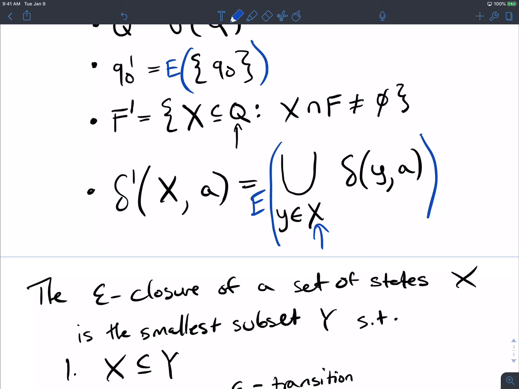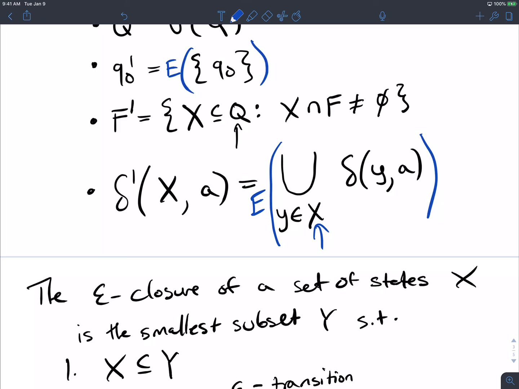I guess you could do it, but there's no real purpose because once we go to that state, we've already applied epsilon closure to get there anyway. In the previous transition, or at the start, we applied epsilon closure to begin with. So applying it again won't do anything.